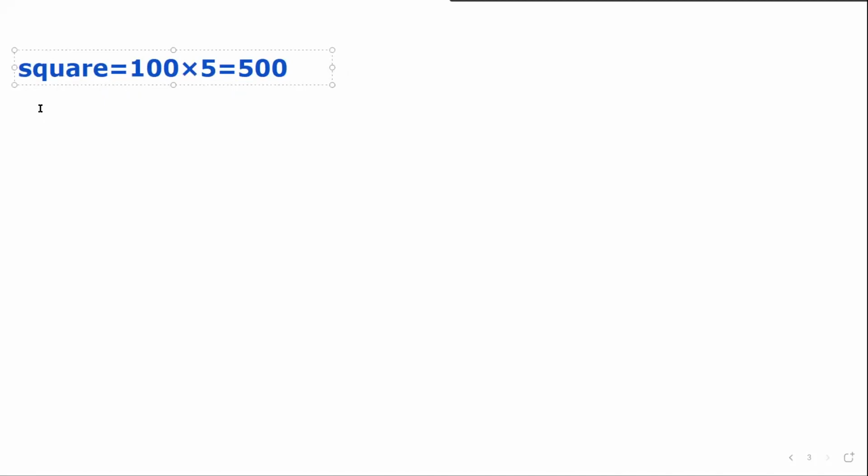That will be much approximate or equal to 500, okay? Then you have to model this number. So you have a square here, and you are going to model it 5 times.